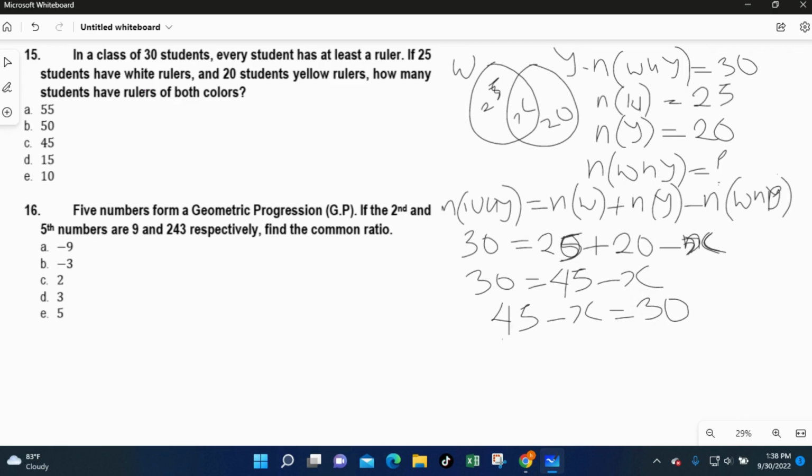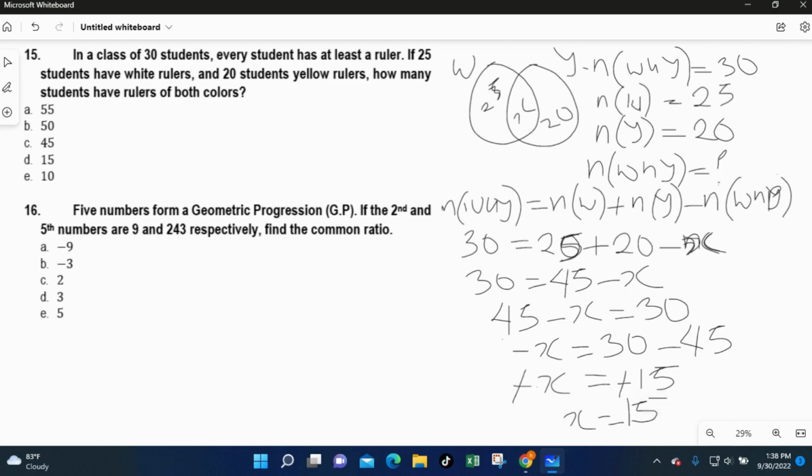If 45 crosses the equal sign, we have minus x equal to 30 minus 45, which gives us minus 15. So minus x equals minus 15, the minus signs cancel, and our x is equal to 15.